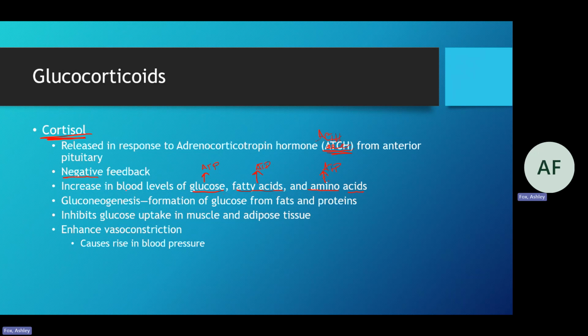So it's all going to be blood levels of this so that you can use them to make energy. When you convert fatty acids or amino acids, we call it gluconeogenesis. Genesis means make. Neo means new. So make new glucose. So you're actually going to transform fats or fatty acids and proteins, breaking down to amino acids, and convert them into glucose. Again, make ATP.